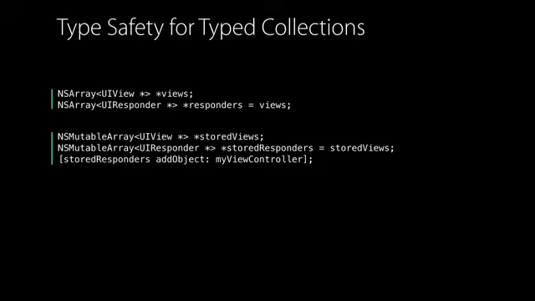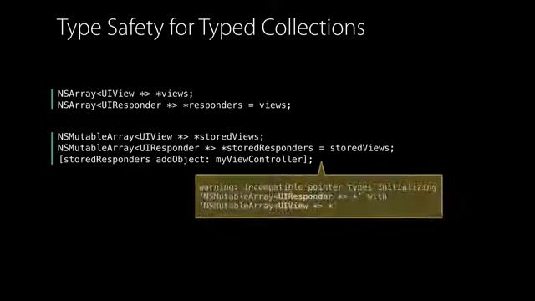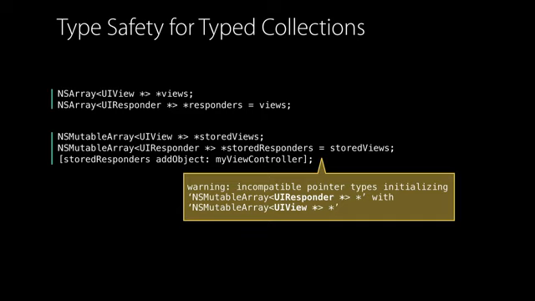Now, something later on is getting very, very confused that the array of views it's looking at has a view controller in it, not a view. Compiler understands this as well. It'll complain at the point of initialization here that while it's perfectly safe to do this kind of assignment with immutable arrays, because they don't change from underneath you, it is not safe to do with mutable variants.